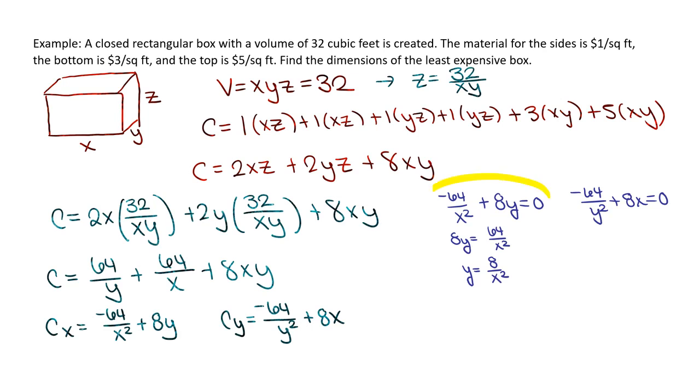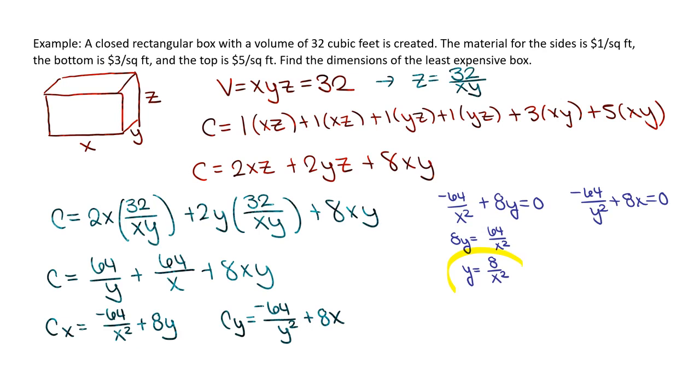So I'll start with my c sub x, set it equal to 0. So I just moved the 64 over x squared to the other side, and then 8y equals 64 over x squared. We can't really find a value for y yet.